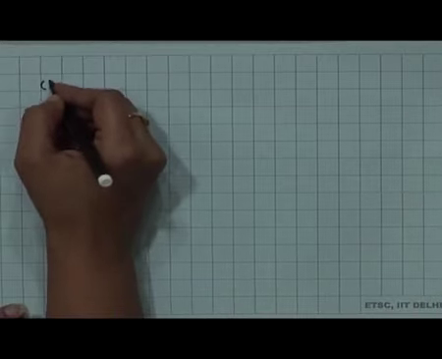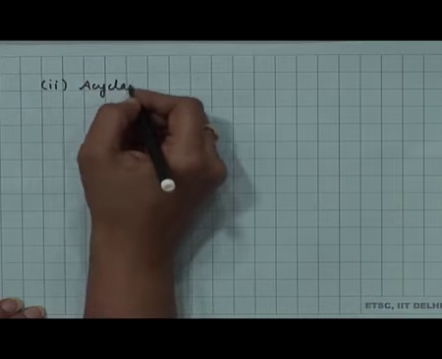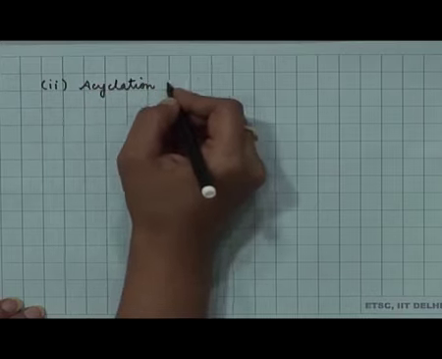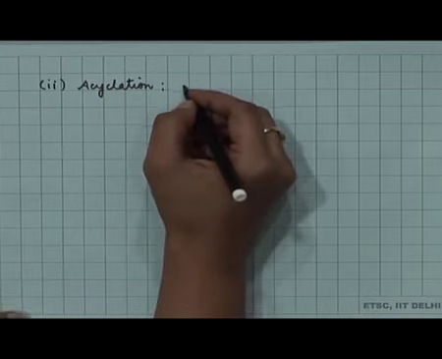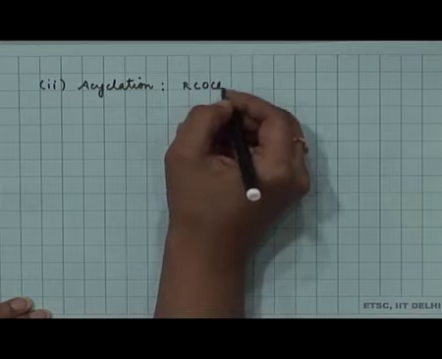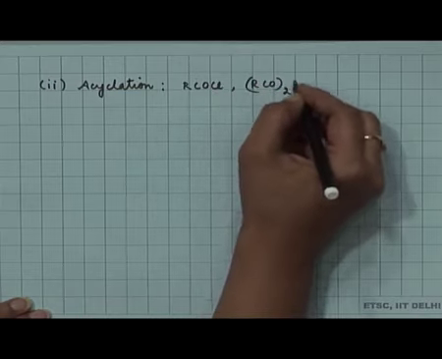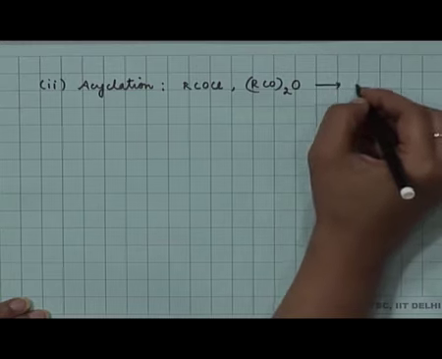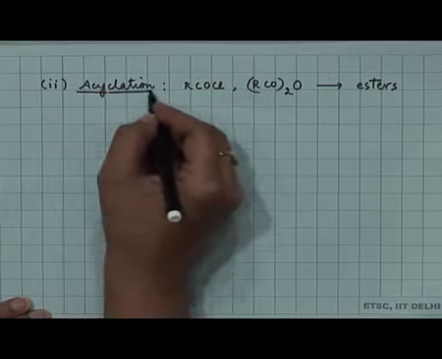The other reaction which is similar to alcohols is the acylation reaction. So, you treat the alcohols with acid chloride or acetic anhydride, and you get the corresponding esters.